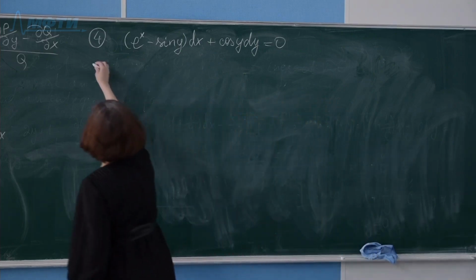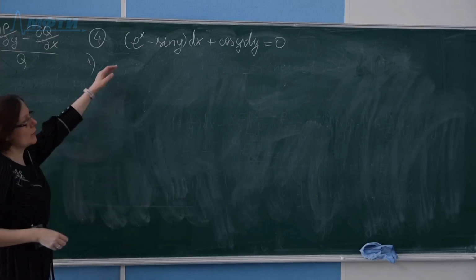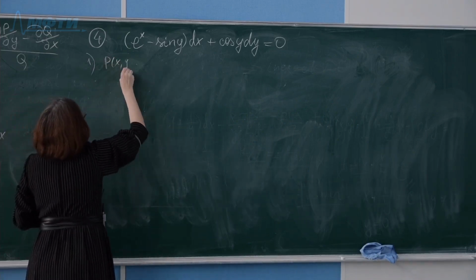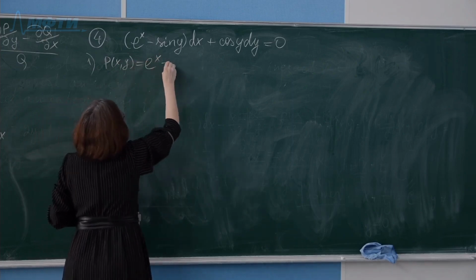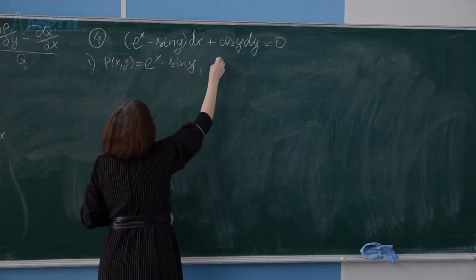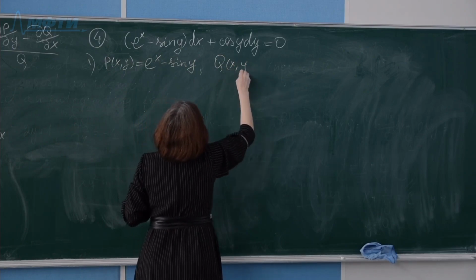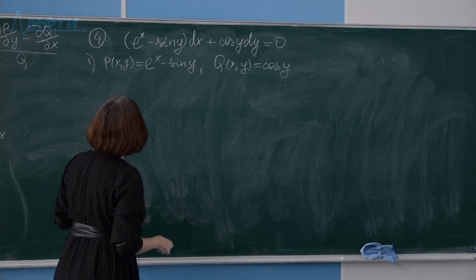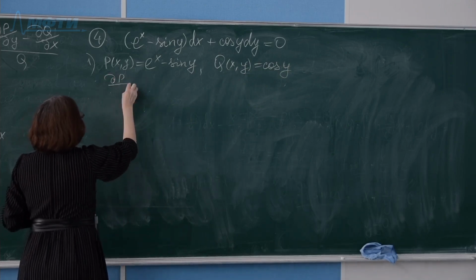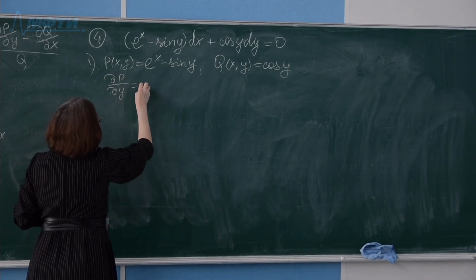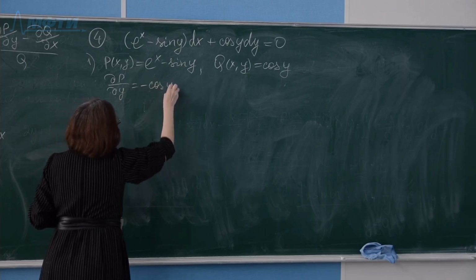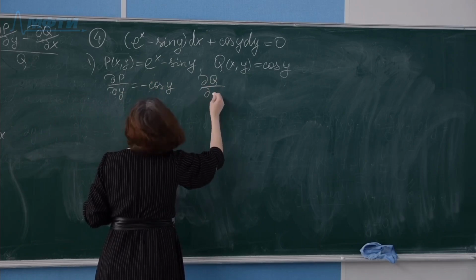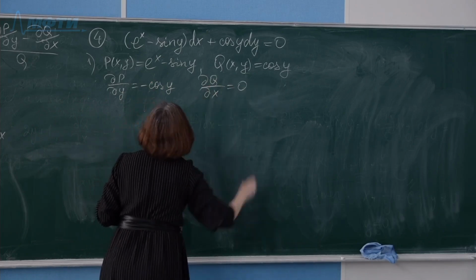Okay, so first let's check whether it is exact or not. So p of x y is e to x minus sine y, and q of x y is cos y. Then dp over dy is minus cos y, and dq over dx is 0.